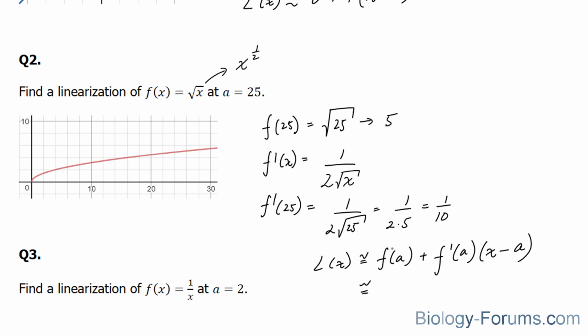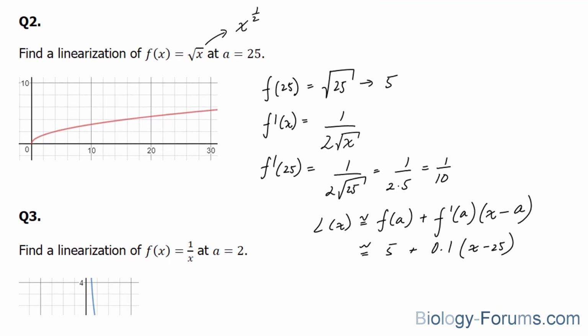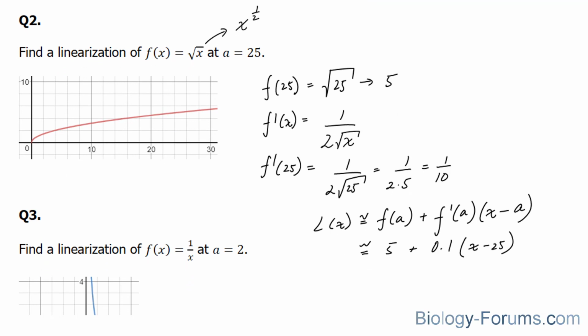We know that f at a is equal to 5 plus 1 over 10, which is 0.10, times x minus 25. So our formula for the tangent line at a is equal to 25 is 5 plus 0.1 times x minus 25. So this formula right here would represent the tangent line at a is equal to 25.